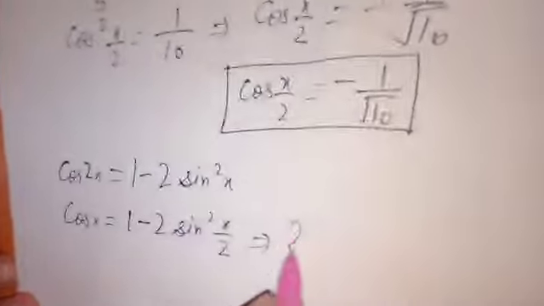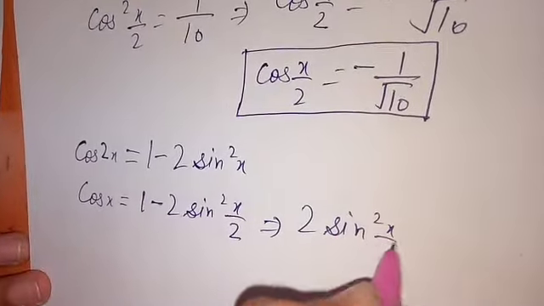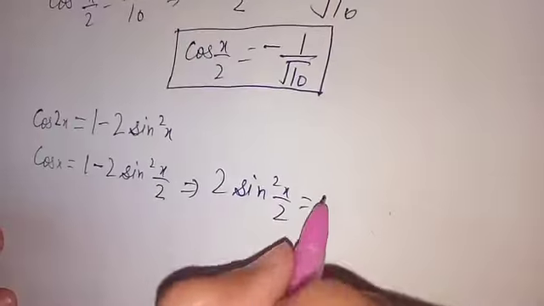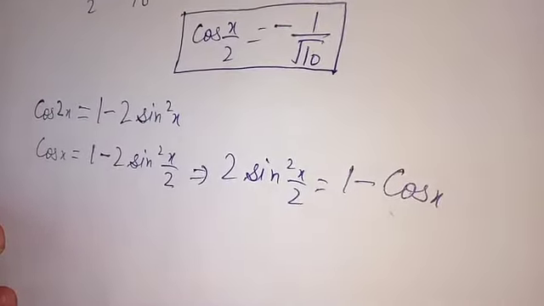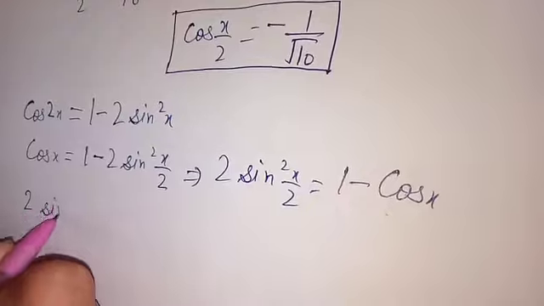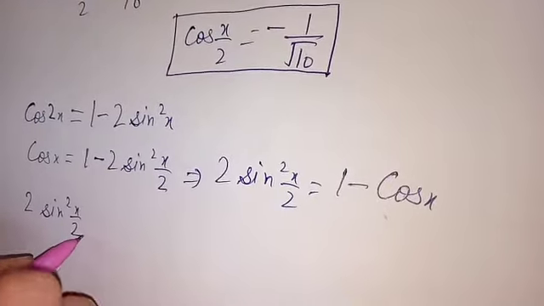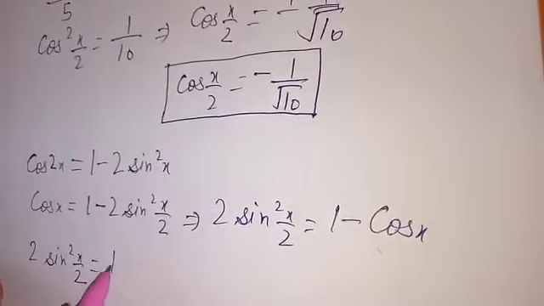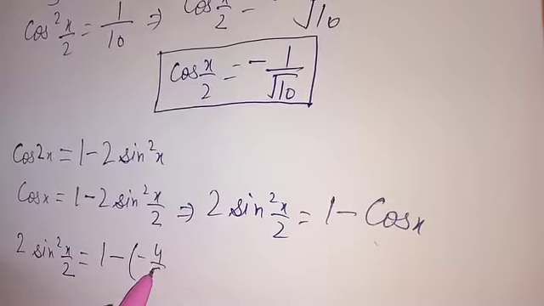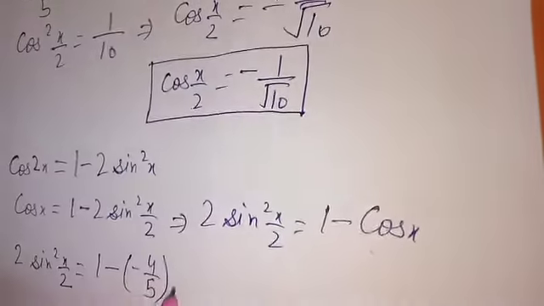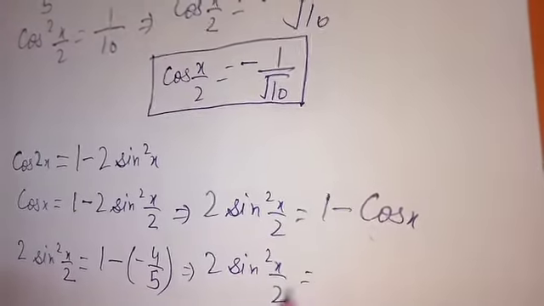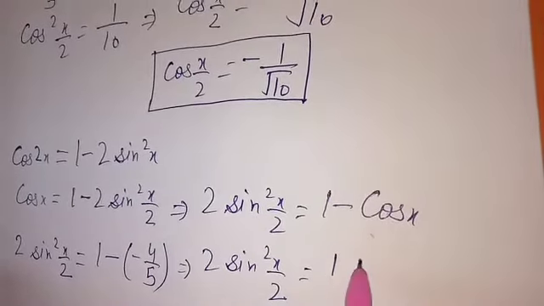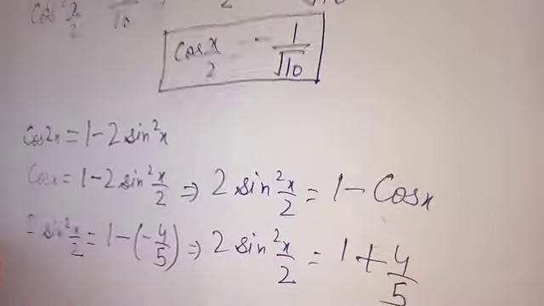And this I can write as 2 sin square x by 2 equal to 1 minus cos x. I can put the value of cos x here. So 2 sin square x by 2 is equal to 1 minus 4 by 5. That means 2 sin square x by 2 is equal to 1 plus 4 by 5.